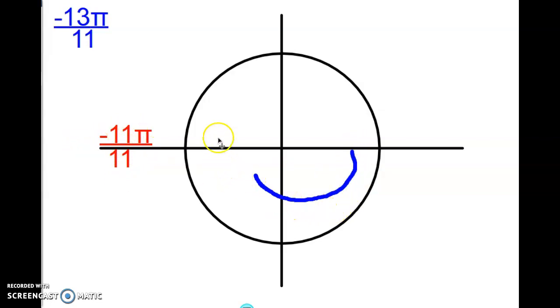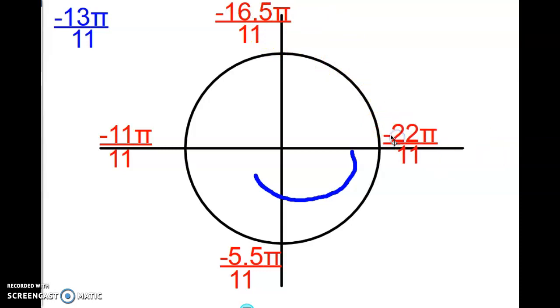Since we're going clockwise, half of 11, negative 5.5, straight down. 5.5 plus 11 is 16.5. That's straight up negative. And another 5.5 would end up at 22 pi over 11 negative.